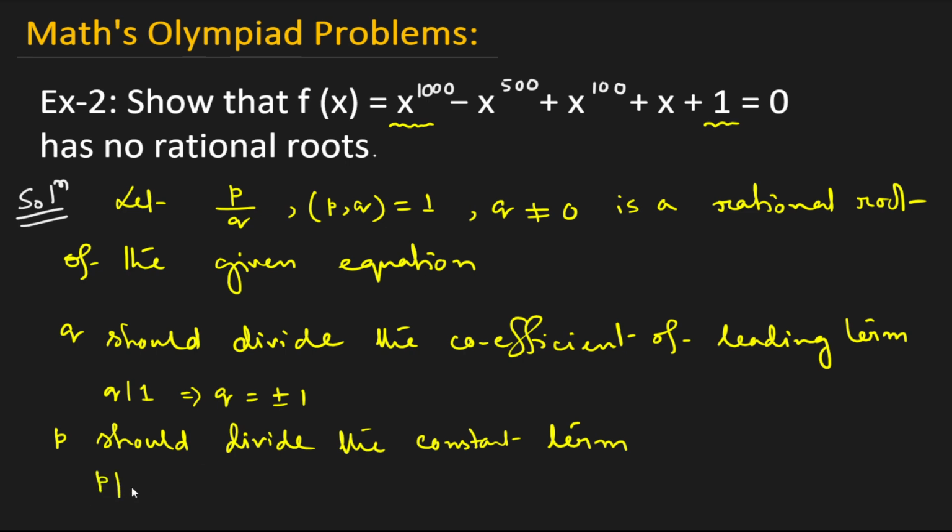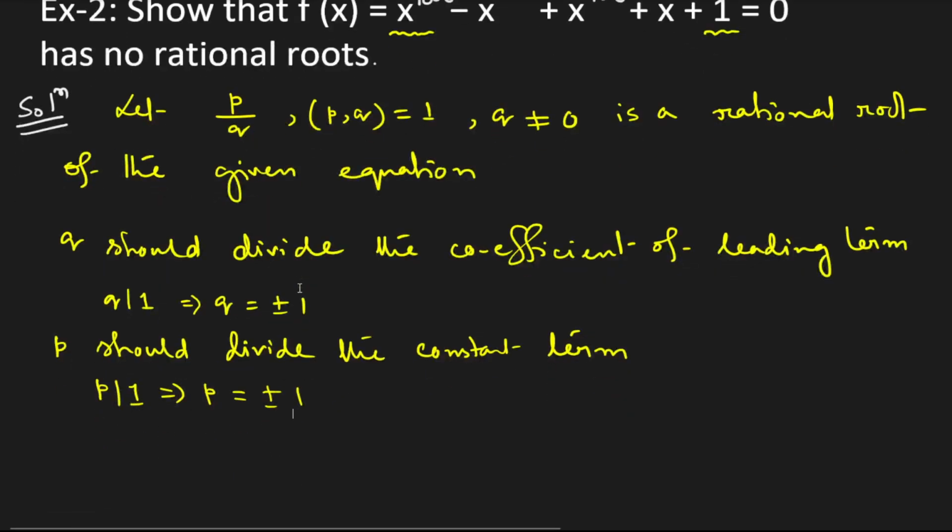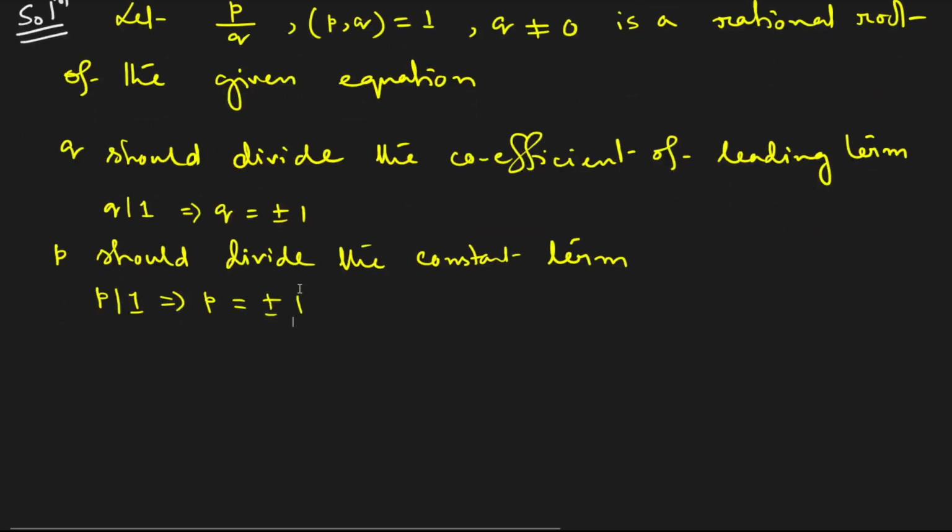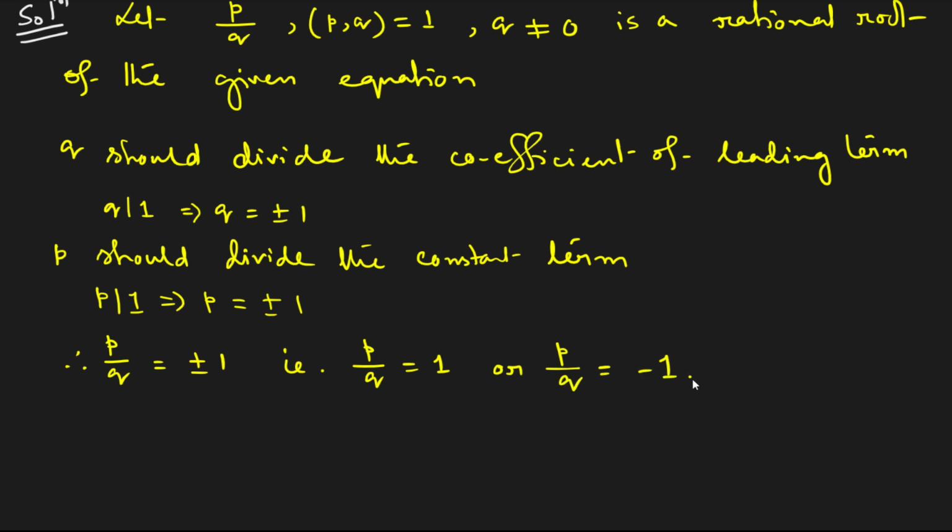So p should divide 1, meaning the value of p is plus minus 1. So if the value of q is plus minus 1 and p is also plus minus 1, therefore p by q is plus minus 1. That is, either p by q equals 1 or p by q equals minus 1. So there are two possibilities for the value of p by q.